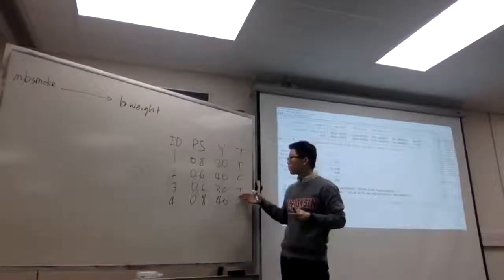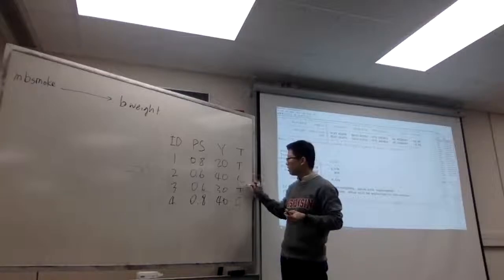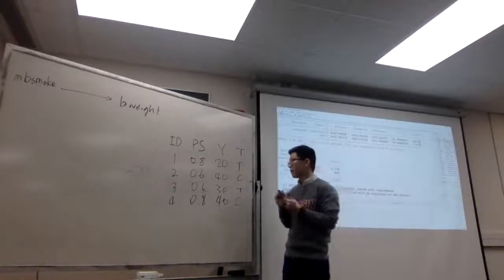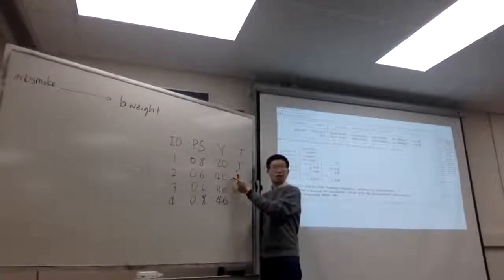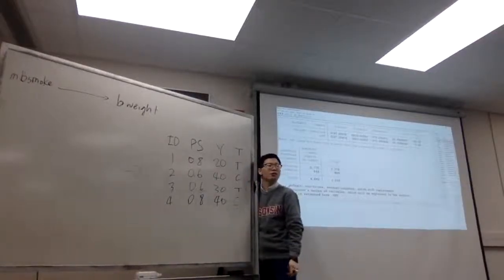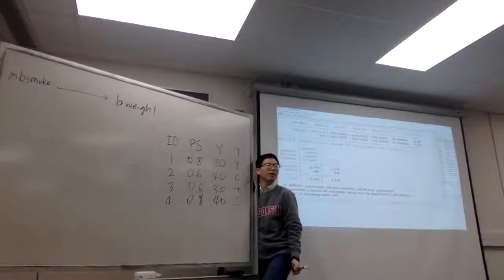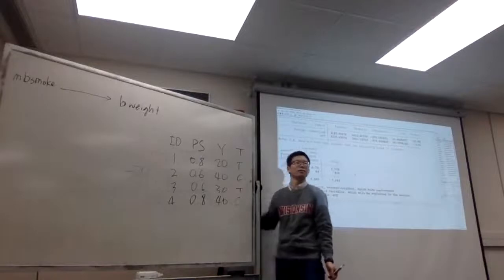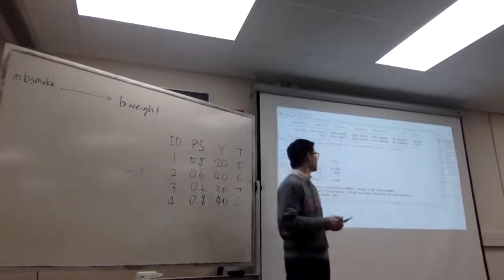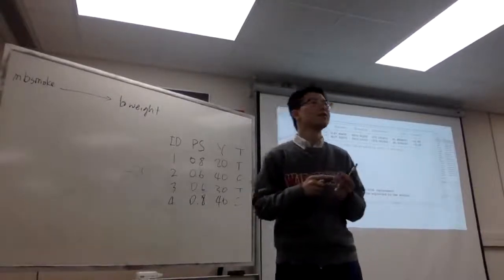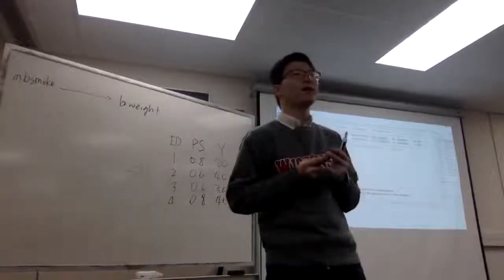And then in this pair, the treatment's effect is negative 10, right? 30 minus 40. And you average all of the effects out, then you have the causal effects. Any questions? Cool. All right.